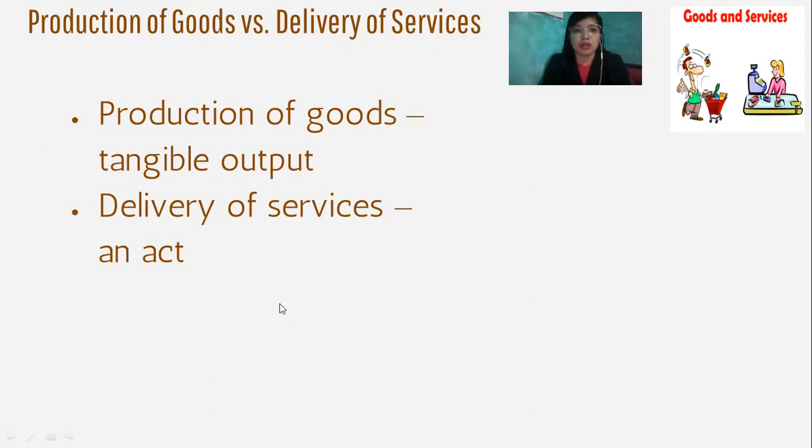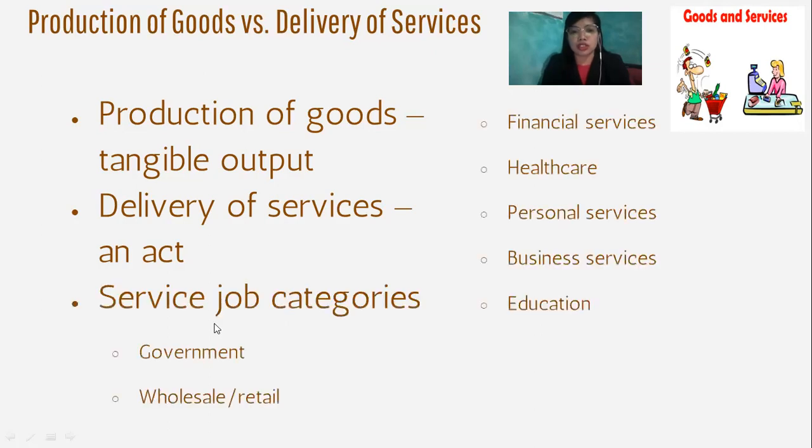The service job categories are the following: government, wholesale retail, financial services, healthcare, personal services, business services, and education. Another one is the hospitality industry. Within the hospitality industry, we have the personal services, and the business services are also included in this category.